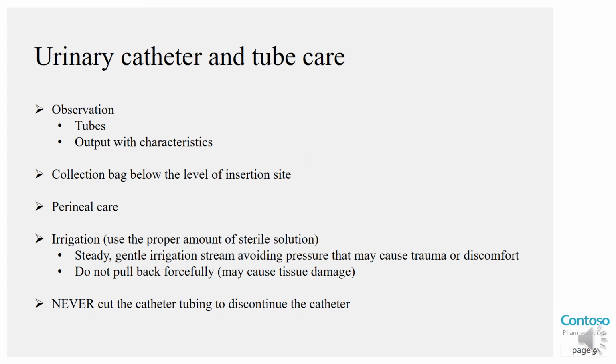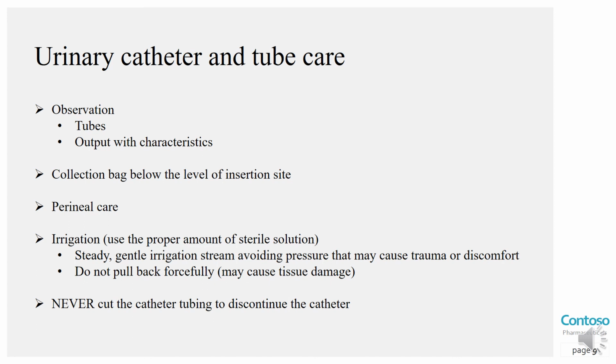You would use the ordered amount of sterile solution and draw that up into your syringe. Once you attach your syringe to the urinary port, you use a steady, gentle stream to irrigate the catheter, avoiding pressure that may traumatize or cause discomfort to the patient.